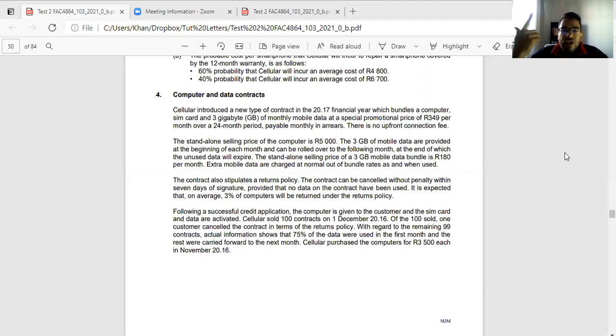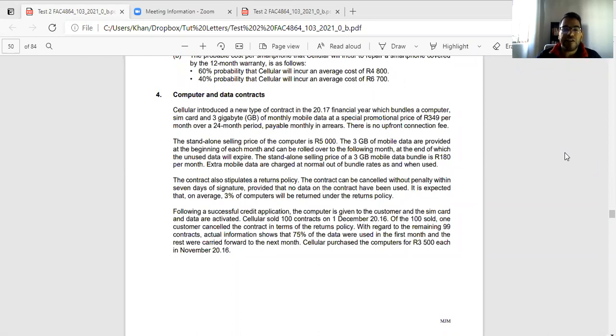So in the previous example, or in yesterday's example, the data, minutes, and SMSs were only valid for that particular month. Any leftover was forfeited. In this one, you get data for the month. Whatever's left over can be carried over to the following month. Okay. After that, it falls away.